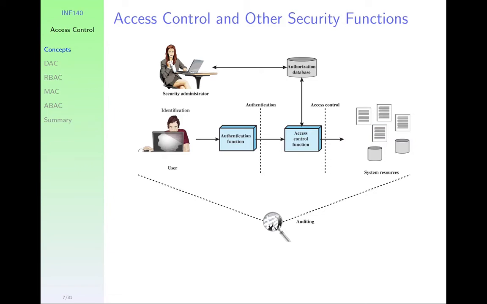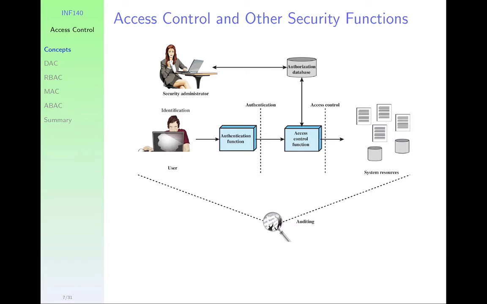So this security administrator sets up all the authorization lists, the database for all the users in the system. When a user is authenticated, the access control function will communicate with this database to make sure what kind of resource can be accessed by this specific user.